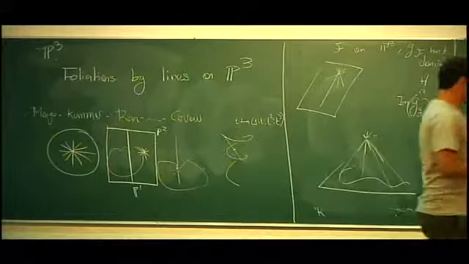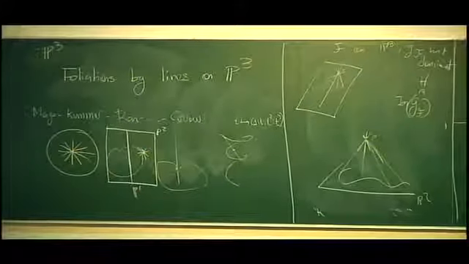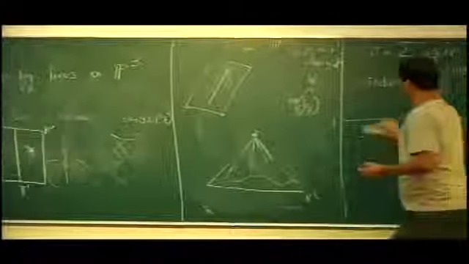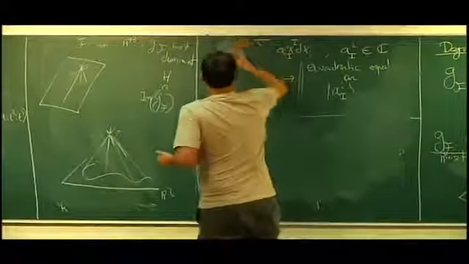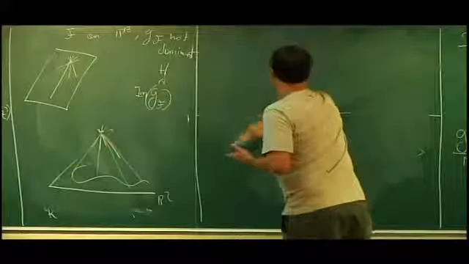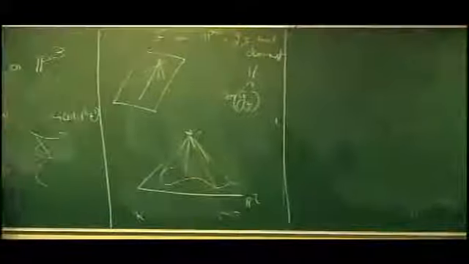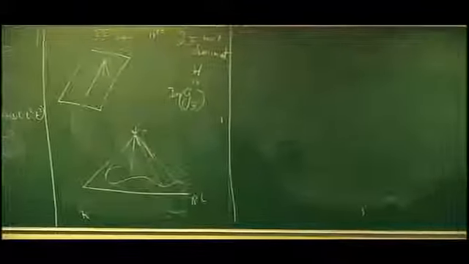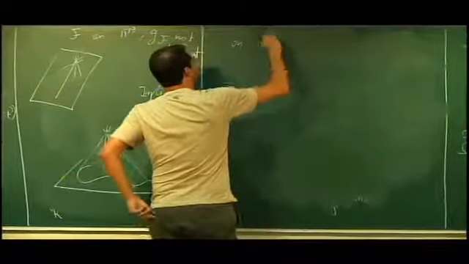These things are easier to think through by yourself than to follow someone's explanation, because in the end they are very, very elementary. But anyway, the conclusion is that on P3, we have two possibilities.